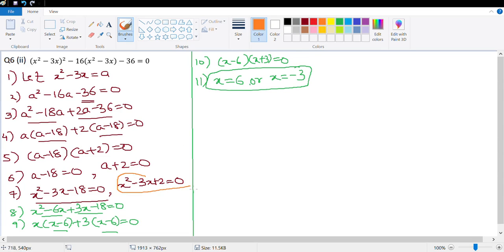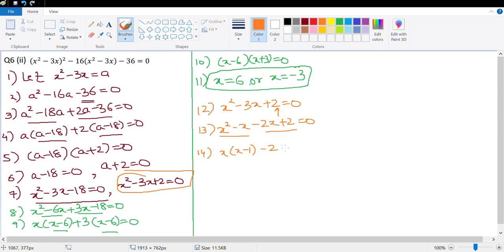Now let's look at this one. So this is x square minus 3x plus 2 is equal to 0. I need to find factors of 2, the sum of which is negative 3. Yeah, this one is fairly simple: negative 1 multiplied with negative 2. So x square minus x minus 2x plus 2 is equal to 0. Grouping it the way I have underlined, x times x minus 1 minus 2 times x minus 1 is equal to 0.